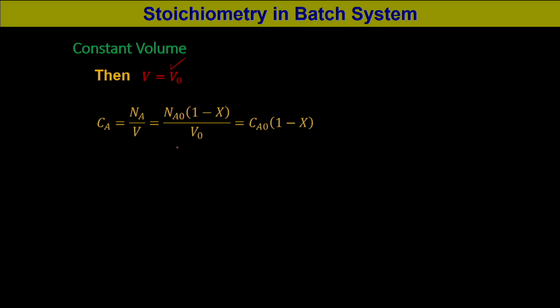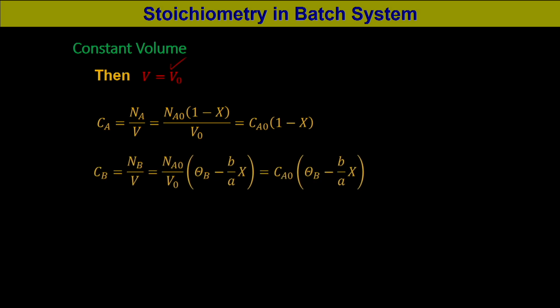So, Na naught by V naught, which is constant, we can write as Ca naught into 1 minus x. Similarly, Cb is Nb by V, Na naught by V naught into theta b minus B by A into x, which would be Ca naught theta b minus B by A x.